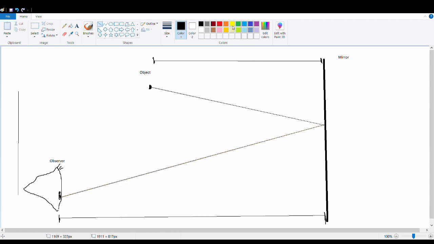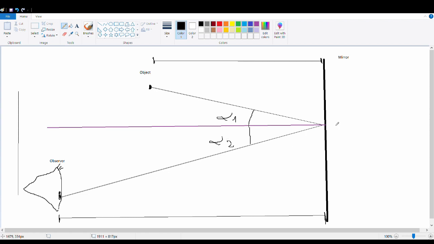Now let me draw the normal as a different line, so it's clear. Let's draw it in purple. Okay, so this angle here will be the same as the angle here. So alpha 1 and alpha 2 will always be the same.